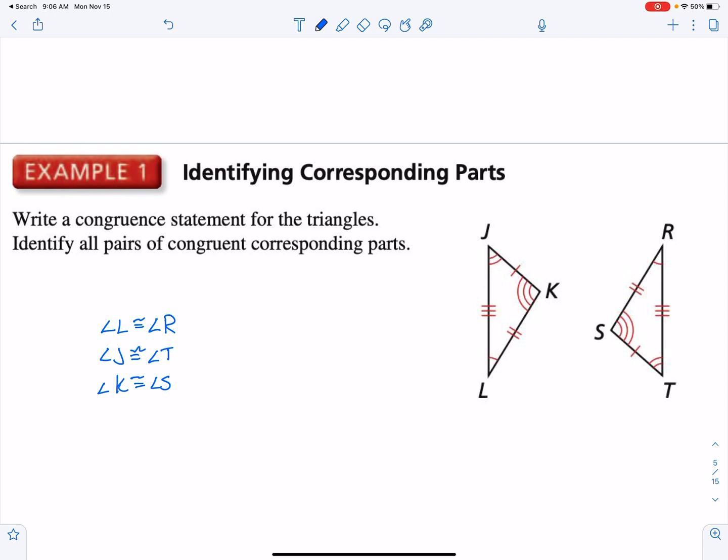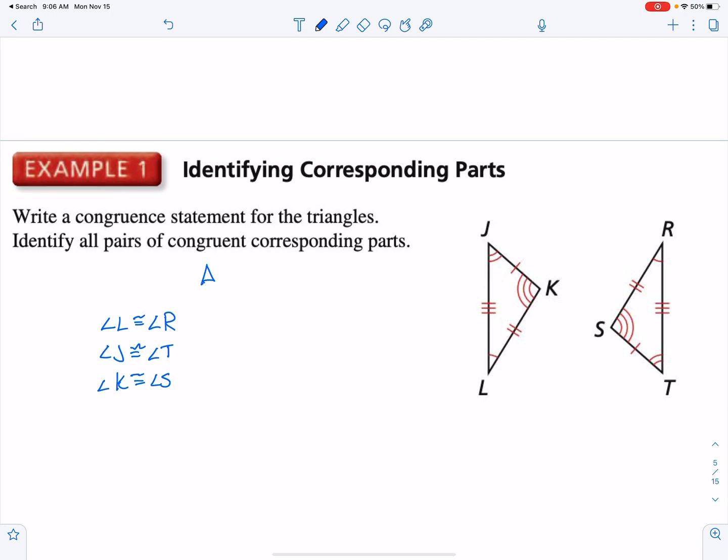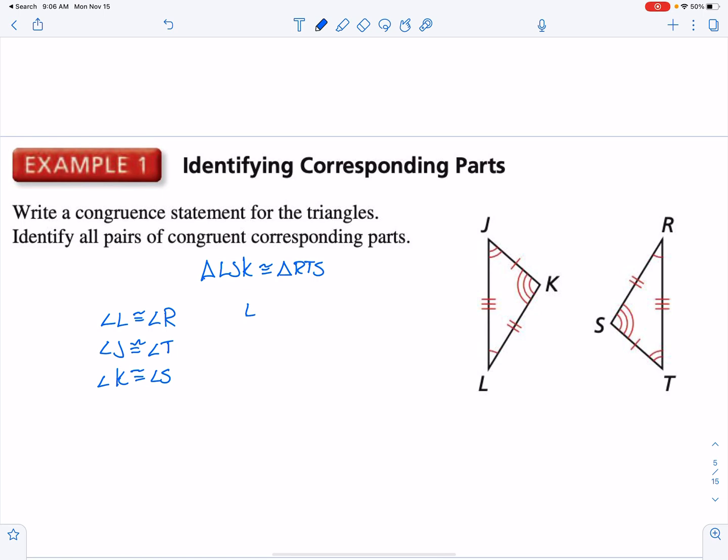Now, once I have the angles, here's why I like that. I can say triangle LJK should be congruent to triangle RTS. Now that I have that, I can do the sides. LJ should be congruent to RT.